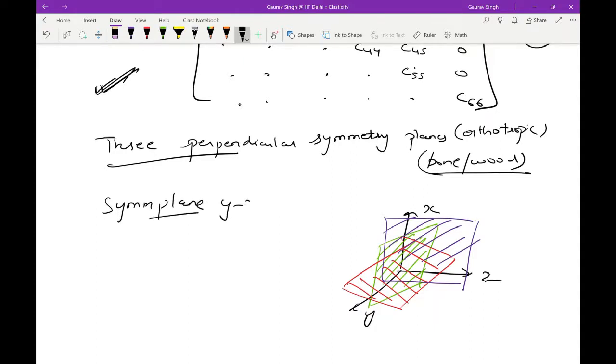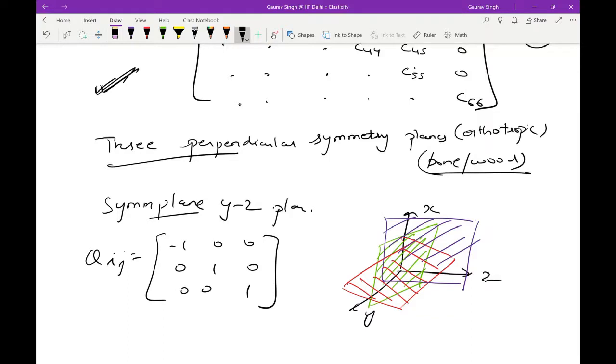which is the yz plane. Okay, now if yz is the plane of symmetry, then Qij would look like minus 1, 0, 0, 0, 1, 0, 0, 0, 1. Okay, if yz is the plane of symmetry, the red plane, yz plane, sorry.